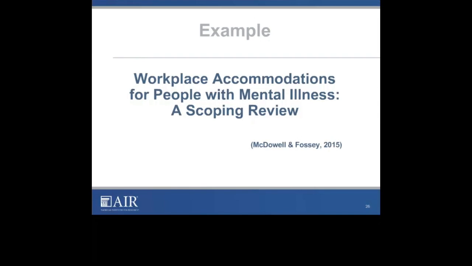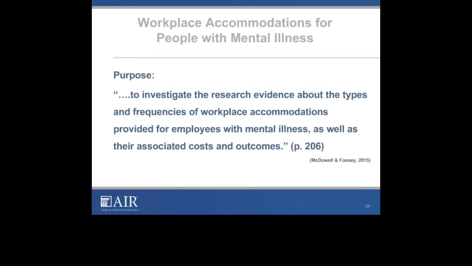So at least in terms of the methodology that's being used, I think this really represents what we're talking about with scoping reviews. The purpose statement's an important focus. It tells us kind of what the parameters are. And in this case, they were looking at types and frequencies of workplace accommodations for employees with mental illness. And then as sort of a tag, associated costs and outcomes.